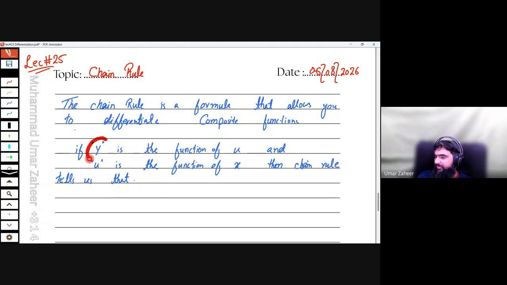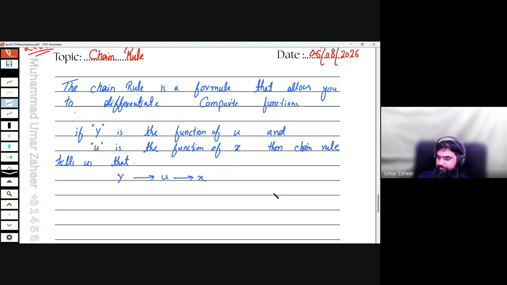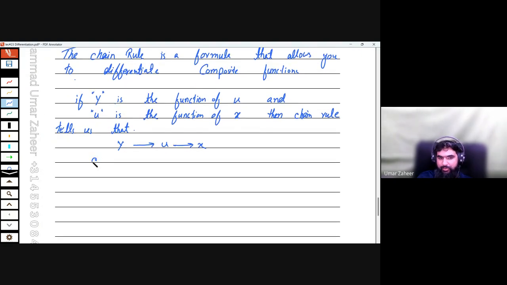For example, if you have y as a function of u and u as a function of x, then the chain rule tells us, look here, y is a function of u and u is a function of x. So you are going to be taking the derivative of y with respect to the final variable, that is x.